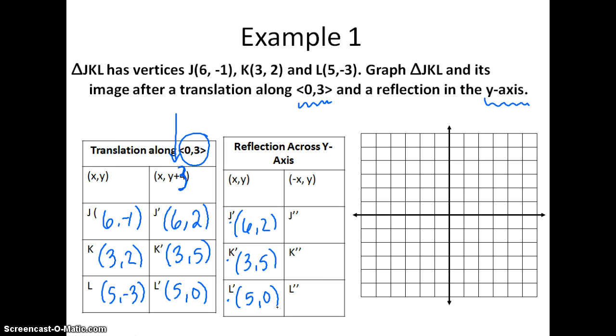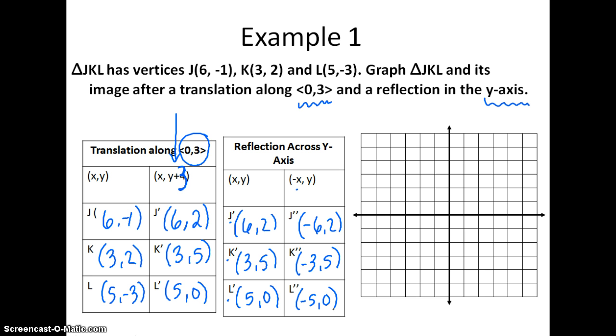And then now I'm going to be flipping over the y-axis, which means I need to make all of my x values negative. So I'm going to get -6, 2, -3, 5, and -5, 0.